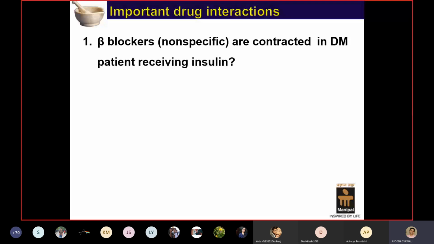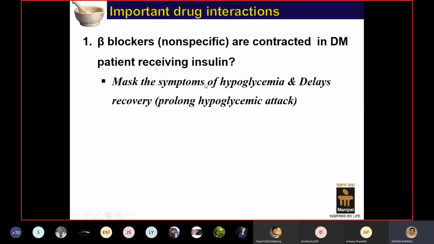And the adrenaline which is released to correct the hypoglycemia cannot do the work because it does the work through beta 2 receptors present in the liver. So that is why there will be masking of the symptoms of hypoglycemia, which are shown by beta 1 and beta 2, and it delays the recovery.